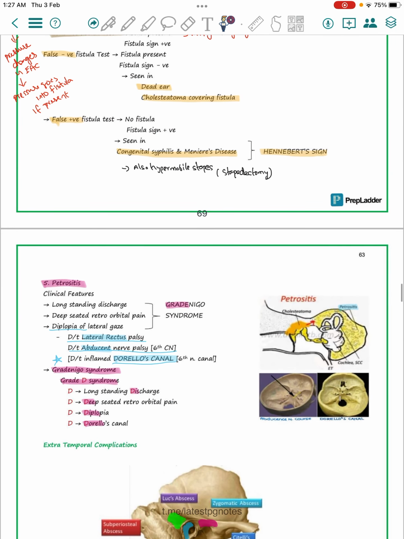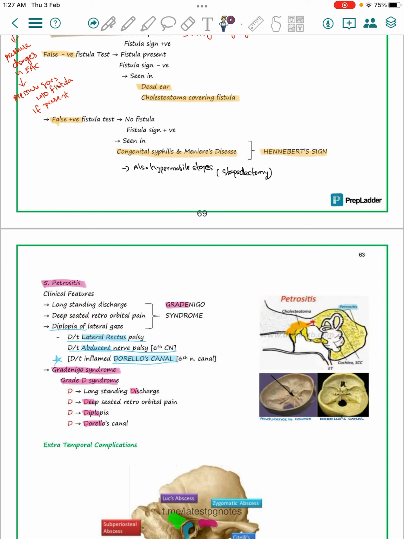Okay. Then the next intratemporal complication is petrositis. As you all know, the temporal bone contains many processes like the petrous process, styloid process, mastoid process, and zygomatic process. Petrositis is the inflammation of the petrous bone. There may be long-standing discharge, deep-seated retro-orbital pain, and diplopia.